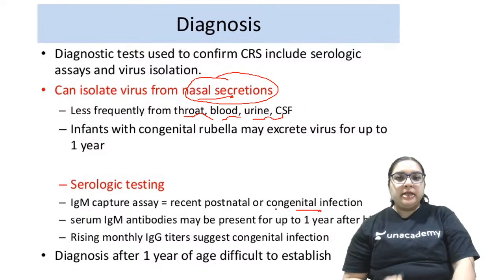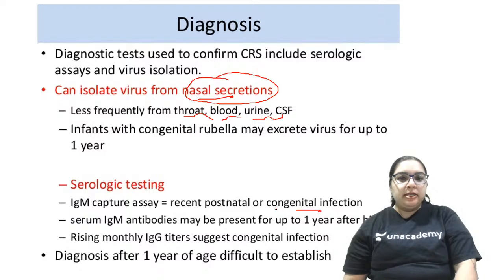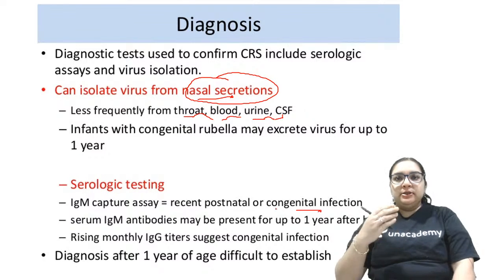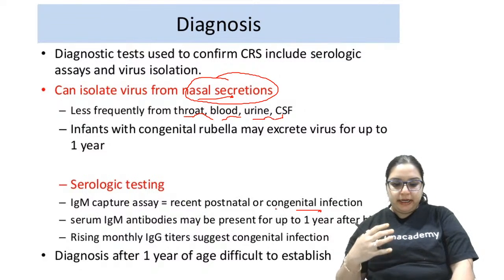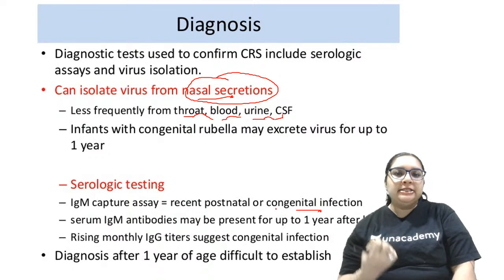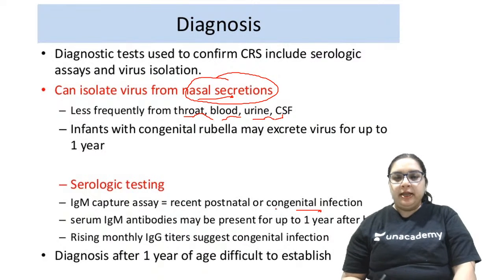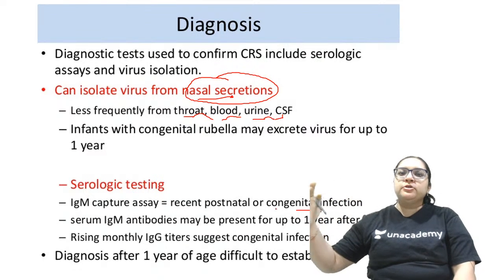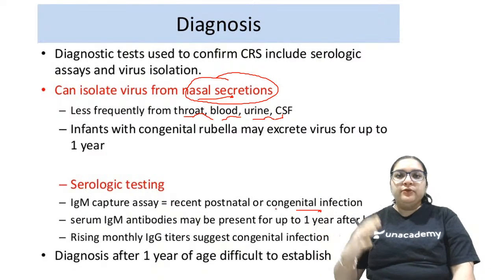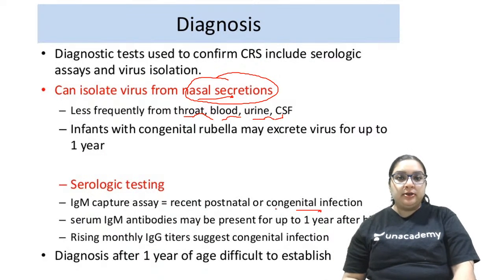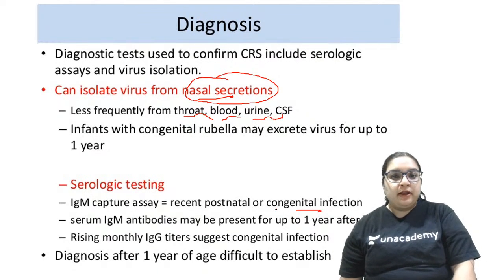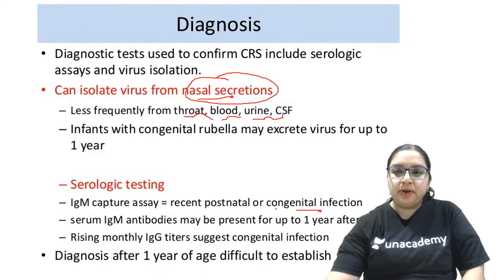Now coming to the next, serum IgM antibodies may be present for up to 1 year after birth, but the significance is more later on, in later infancy. Significance of IgG titers are more, right? So the rising titers of IgG every month will signify that there has been a congenital infection and we need to treat it. Right.